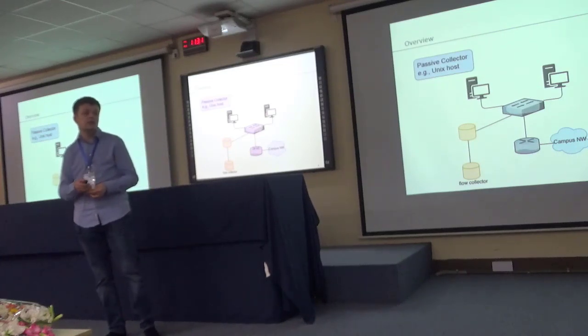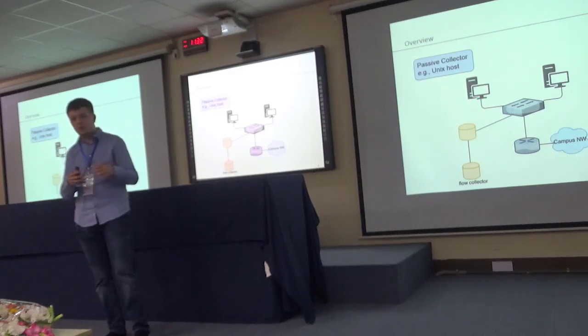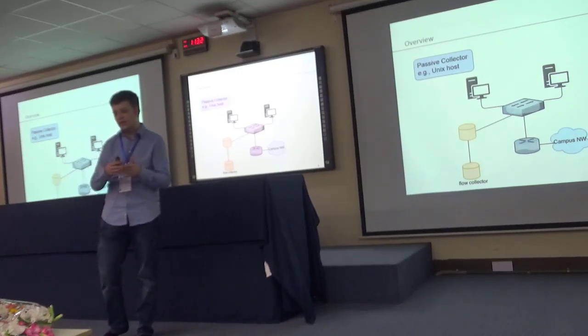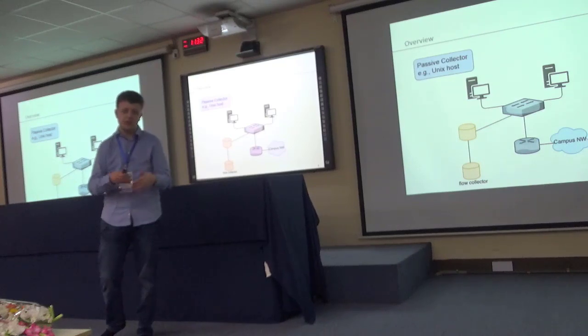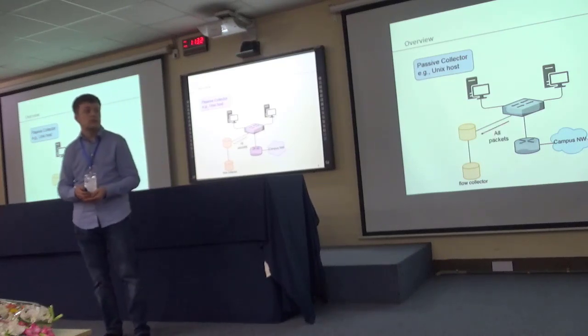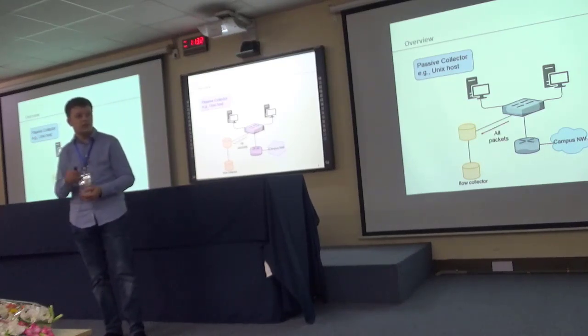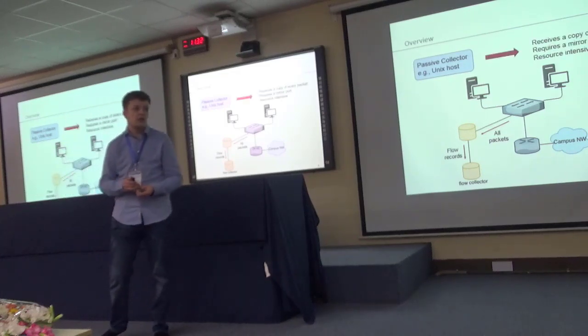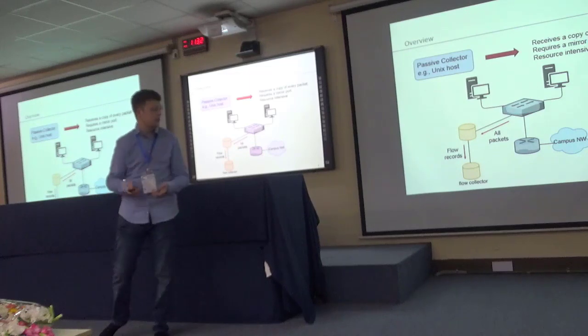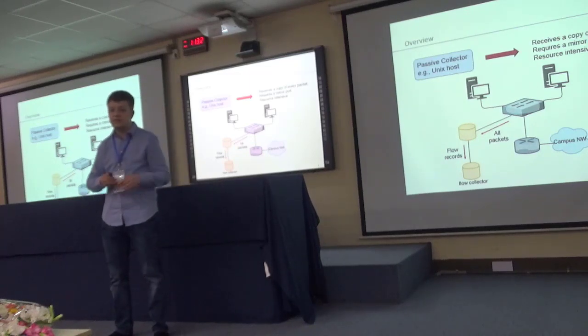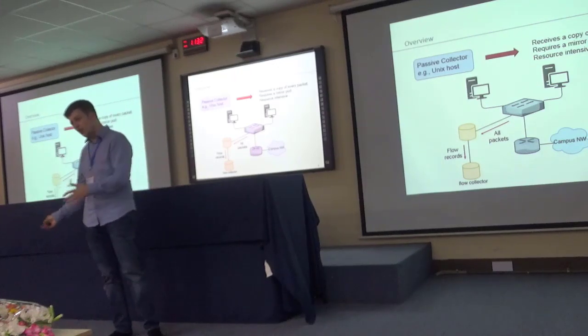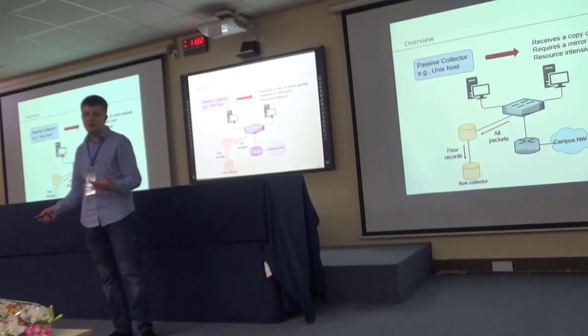And here you will see, for example, there's the campus network, and you would place the flow collector at the edge of the network to collect all the flows that are leaving the network. So all packets are forwarded there, and then you get flow records in the end. Right, and this is done via a mirror port, but this is very resource intensive because you, of course, mirror all your packets, which can be a lot.